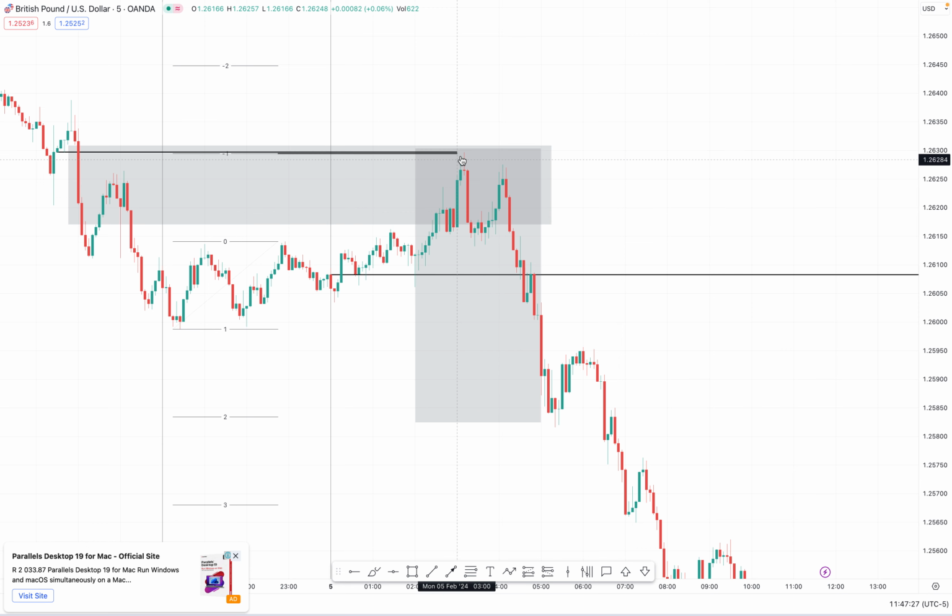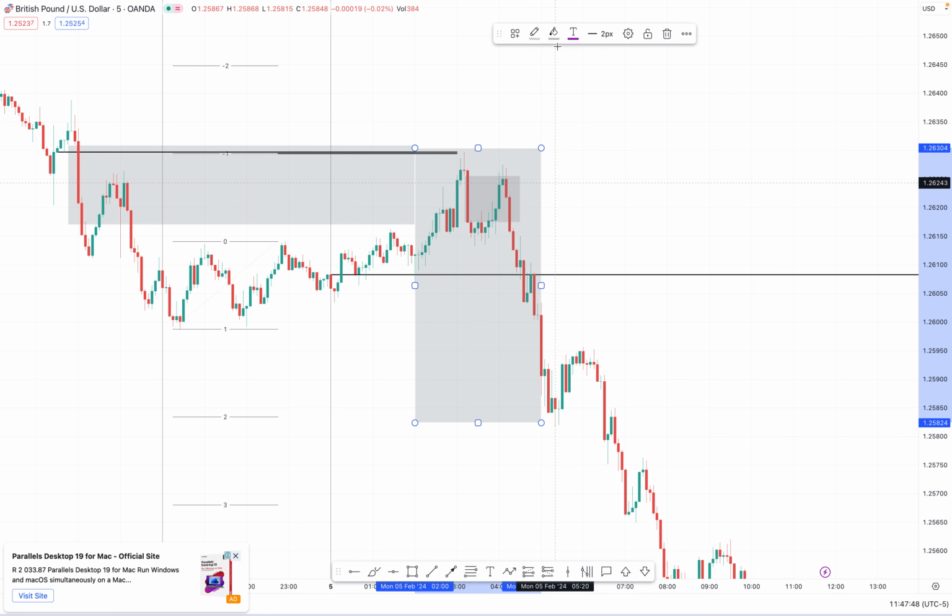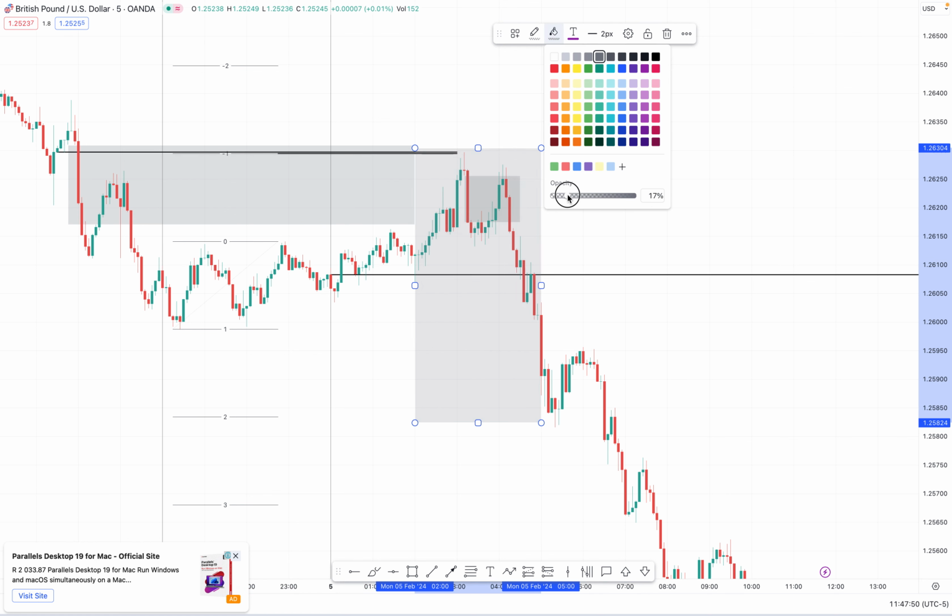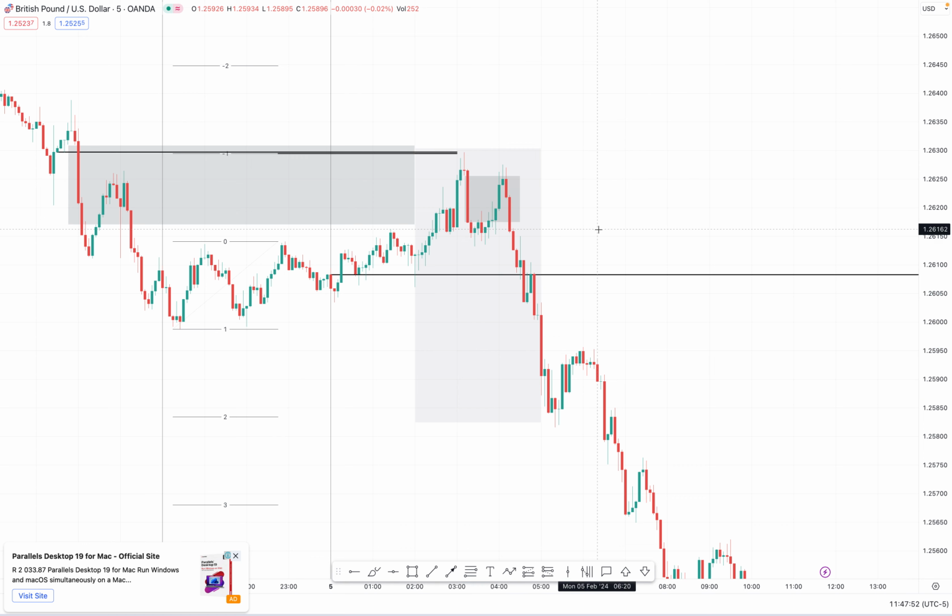So it came off the high, created a fair value gap plus order block. This area is fair value gap. I'll move this over now further left. I'll make this even lighter again, since we know the time range.